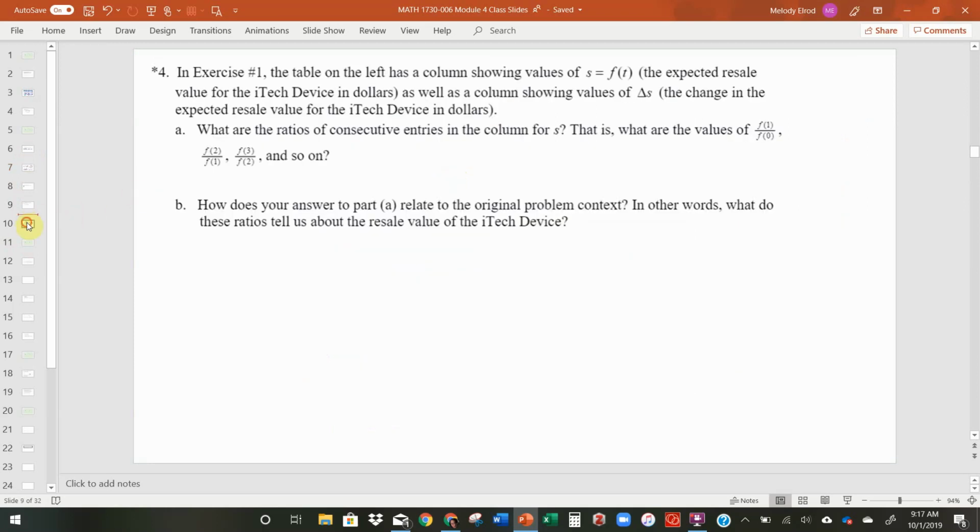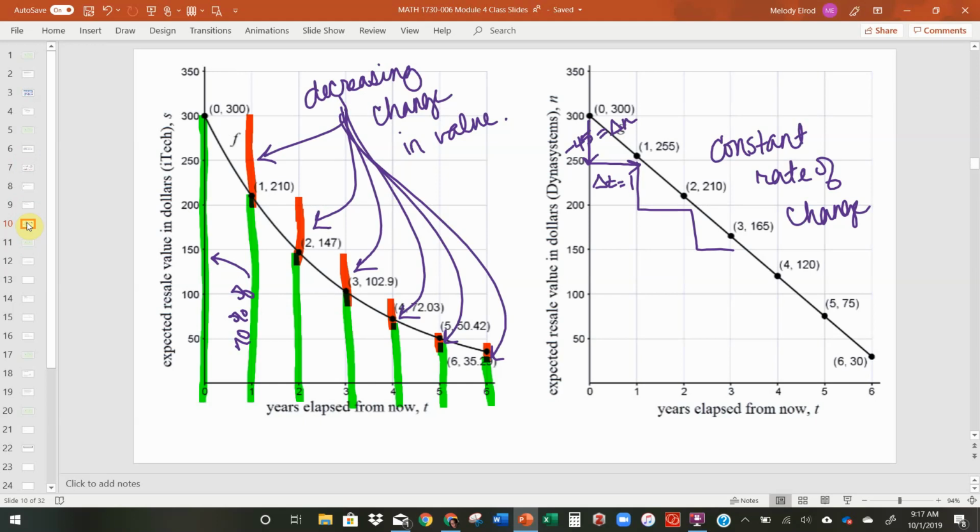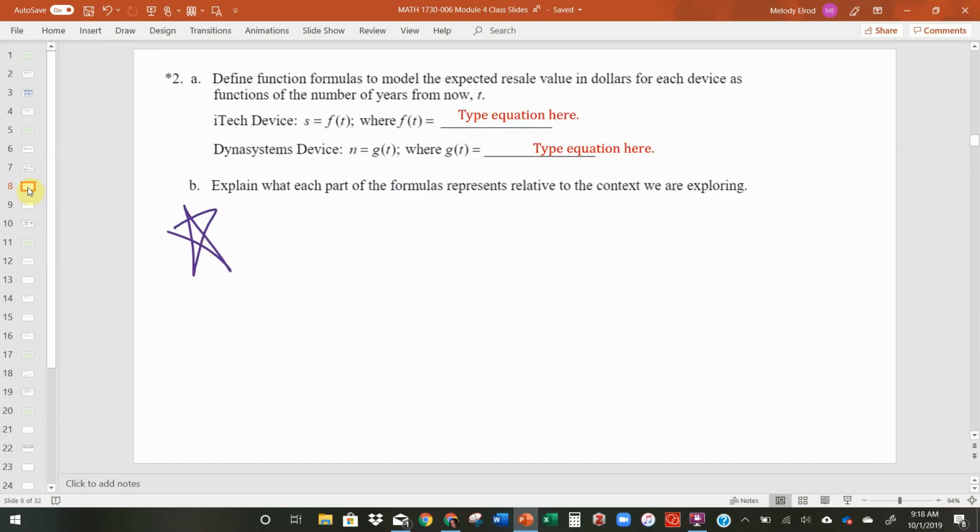And we talked about the fact that the reason for that is because whereas the Dynasystems device over here decreases exactly $45 for every passing year, giving us this constant rate of change and this linear pattern, the ITEC device is losing 30% of its value every year, meaning it's only maintaining 70% of its value, causing a decreasing change in the value. With each passing year, we're taking 70% of a smaller and smaller chunk, and we're losing 30% of a smaller and smaller chunk, making that change reduce at a reduced rate.